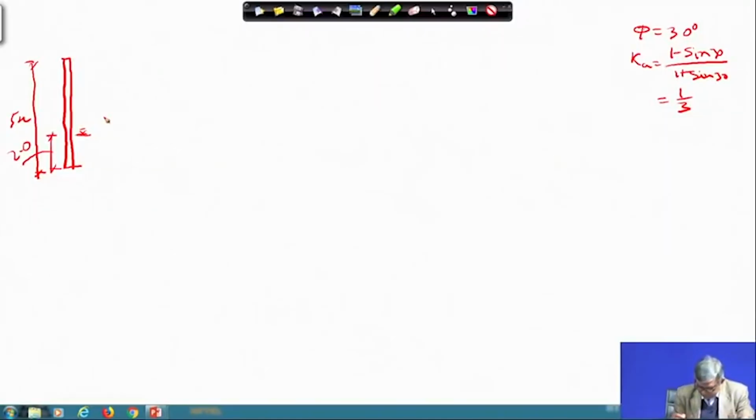So, unit weight is given as 18 kilonewton per meter cube, gamma equal to 18 kilonewton per meter cube, which is given.